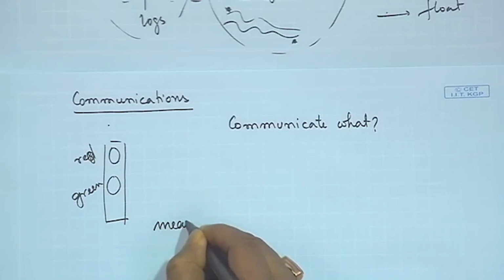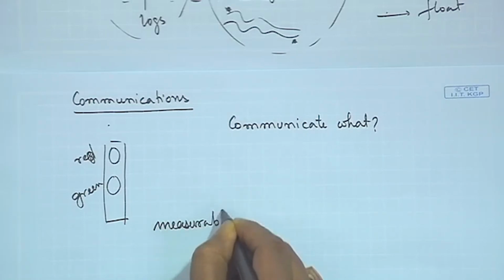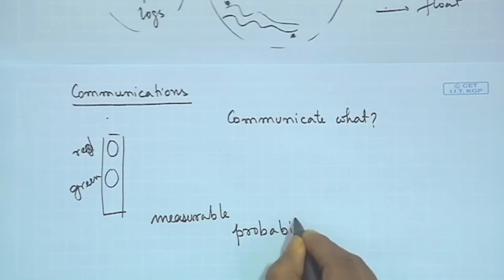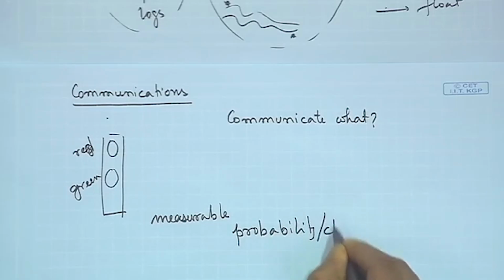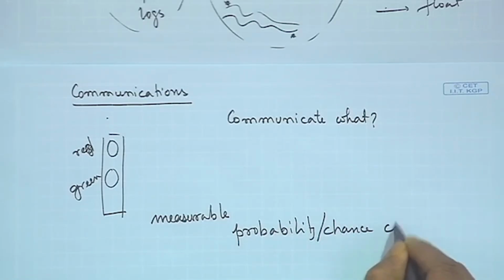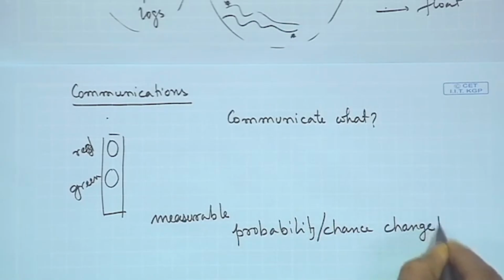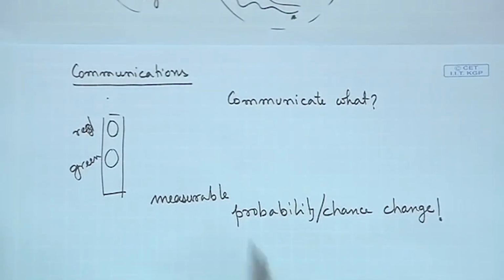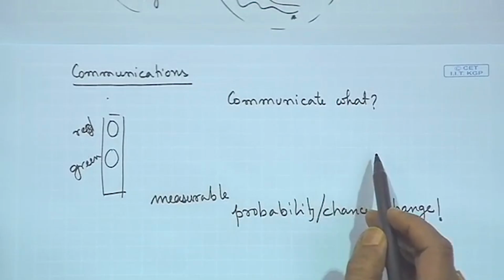That means of course there is a measurable, that means you can measure it by some mechanism, and there is a probability associated or a chance of change. If this is available, then it makes sense to communicate, right.